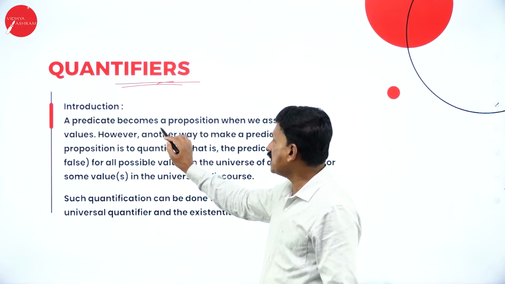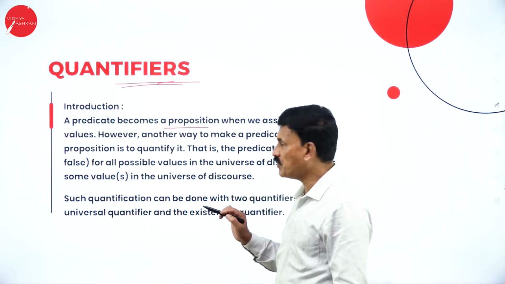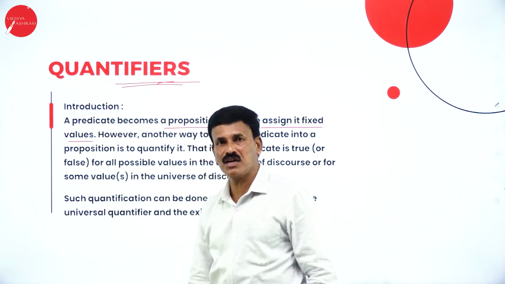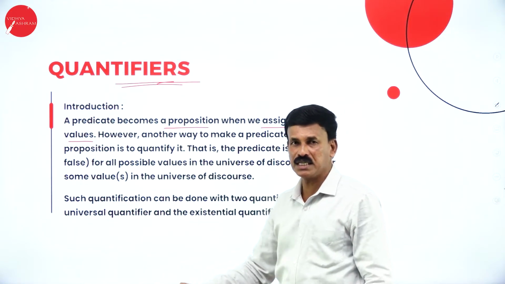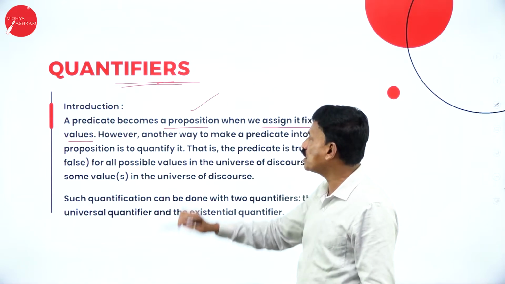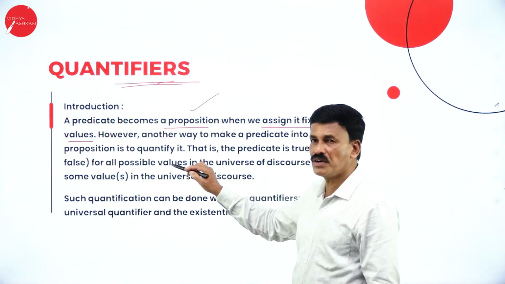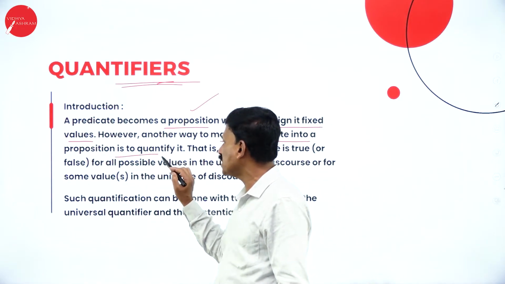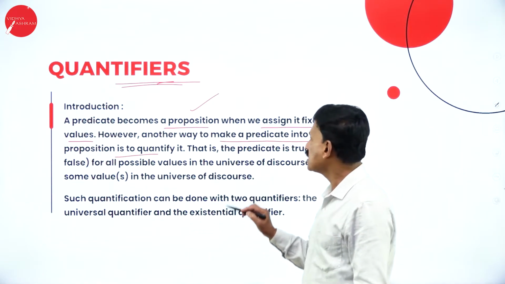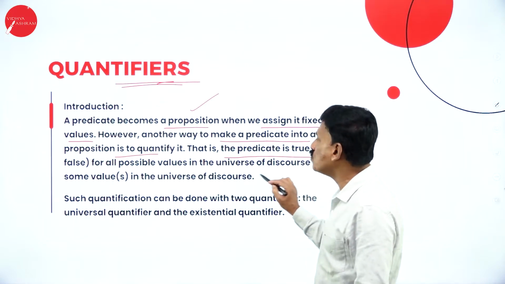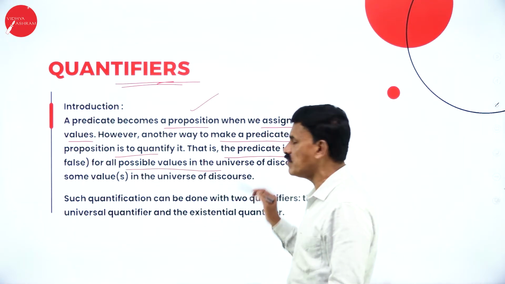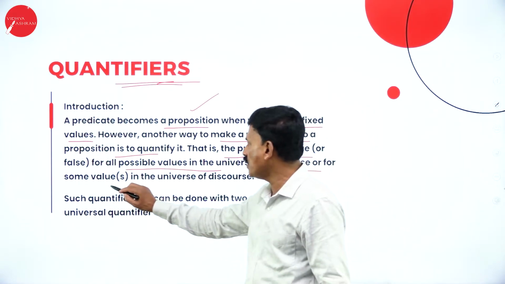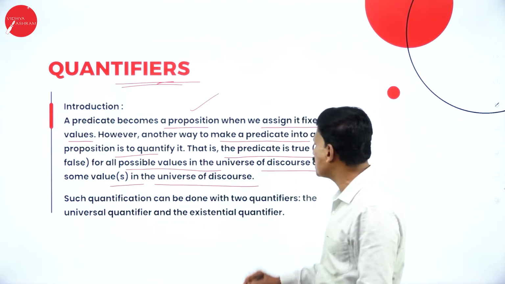Now, a predicate becomes a proposition when we assign it fixed values. Whenever fixed values are assigned to a predicate, that predicate becomes a proposition. However, another way to make the predicate into a proposition is to quantify it, so that the predicate is true or false for all possible values in the universe of discourse or for some values in the universe of discourse.